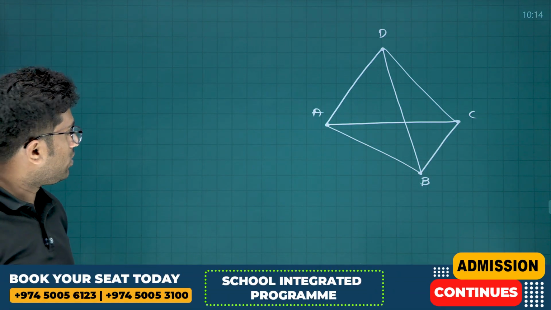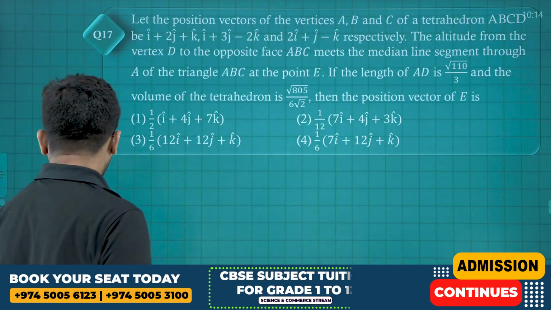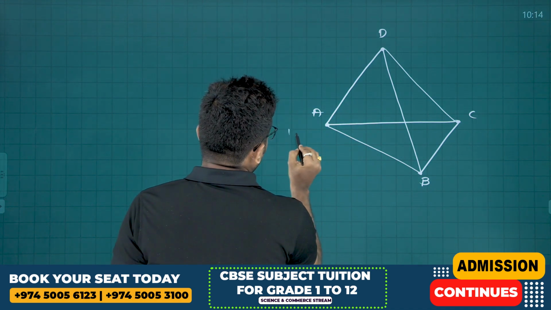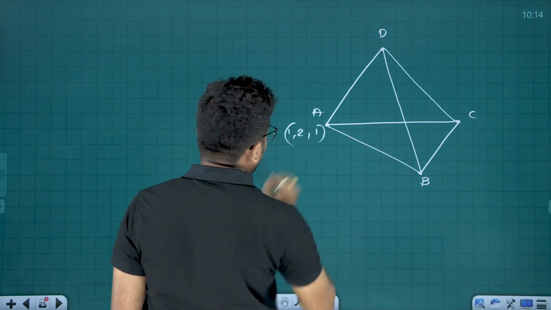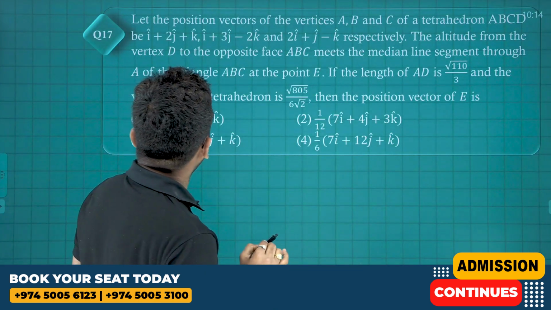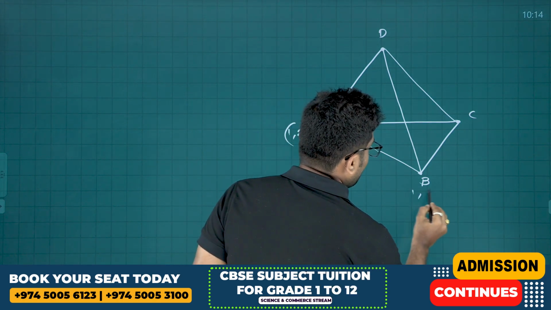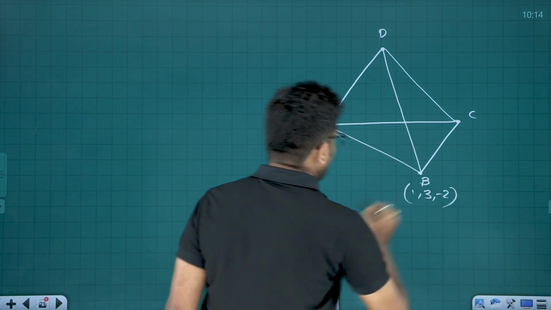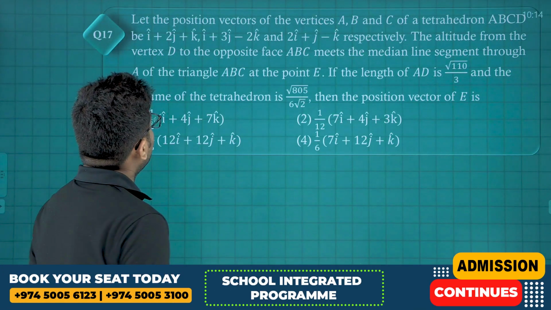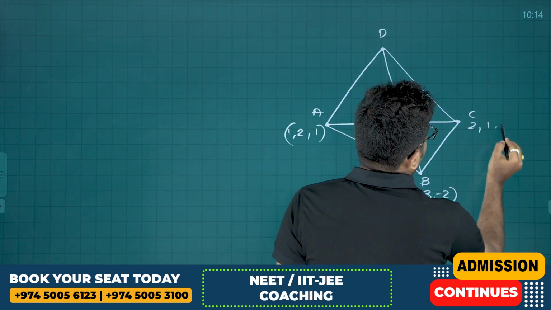They have given the vertices A, B and C. The coordinates of A are (1, 2, 1), B is (1, 3, -2) and C is (2, 1, -1).